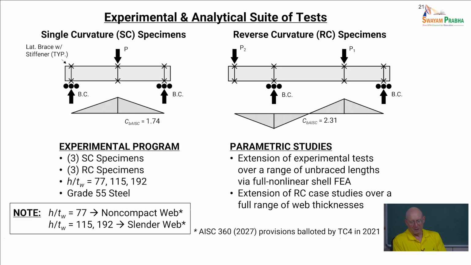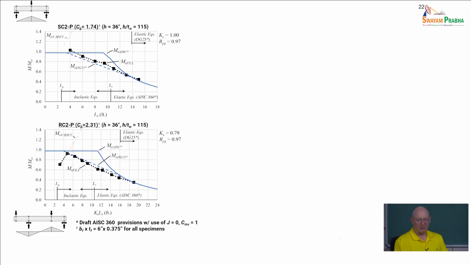Then the other 2 webs had an intermediate slenderness of 115 and then a fairly high slenderness of 192. And I want to highlight what's going on with the case with the intermediate web slenderness. I'll use that one to kind of highlight for you what's going on, showing versus simulation results, then I'll show you the experimental results in a minute.